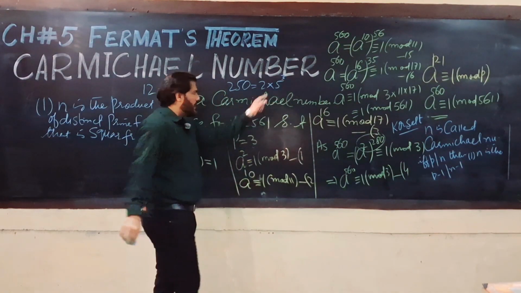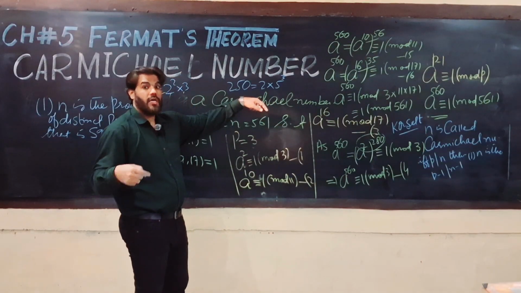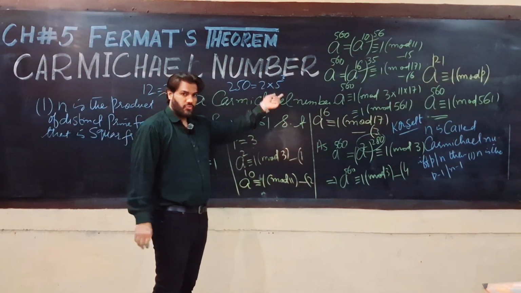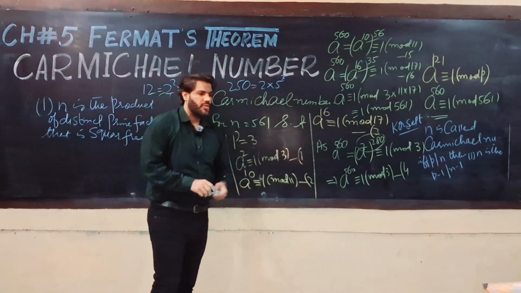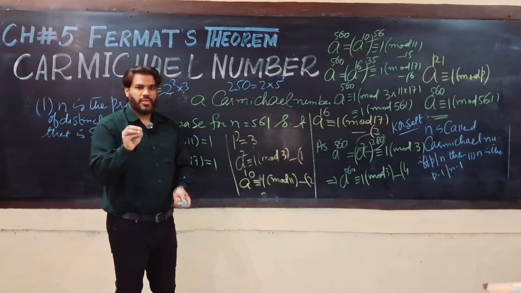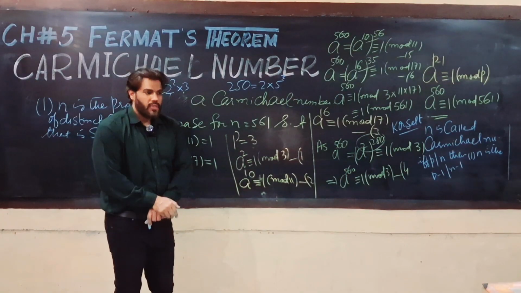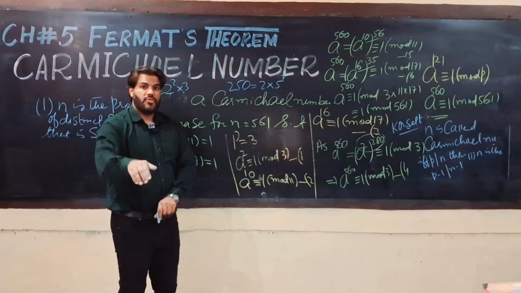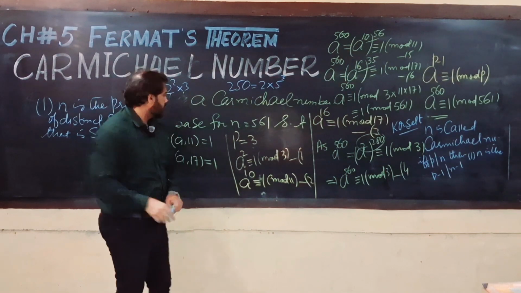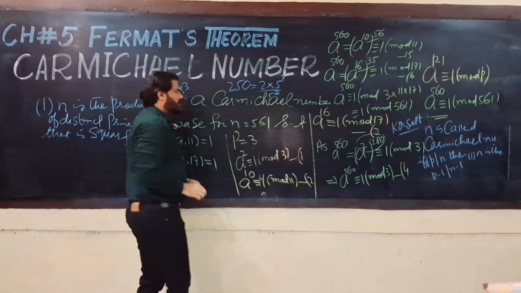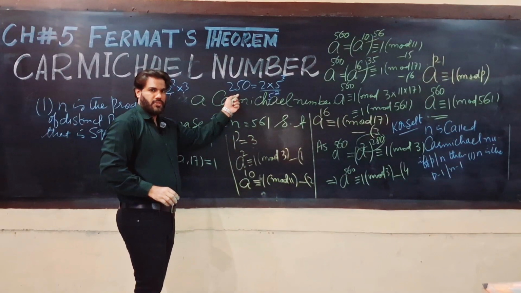So 5 cube is also divisible by 5 square, so this number is also not square free. Square free means it should not be divisible by the square of any prime factor.